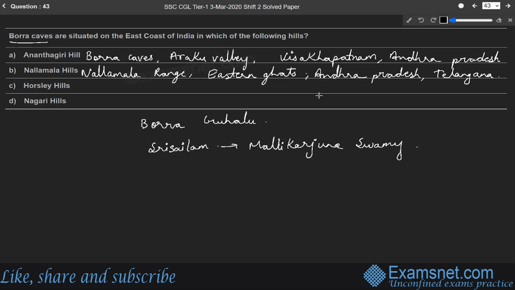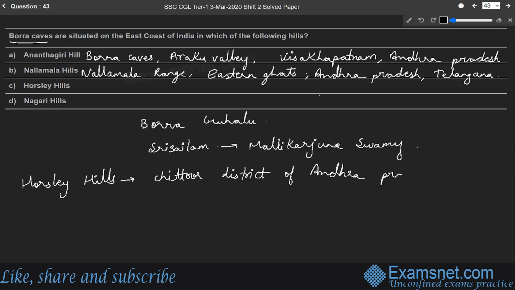Next option is Horsley Hills. These hills are a series of hills that are in Chittoor district of Andhra Pradesh. And they are also known as Yenugulla Mallamma Konda.